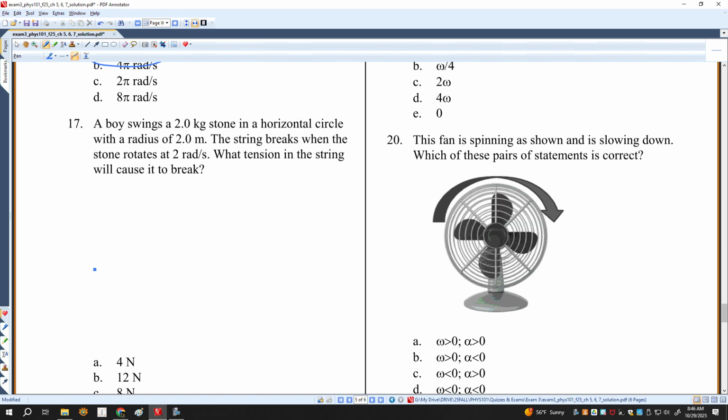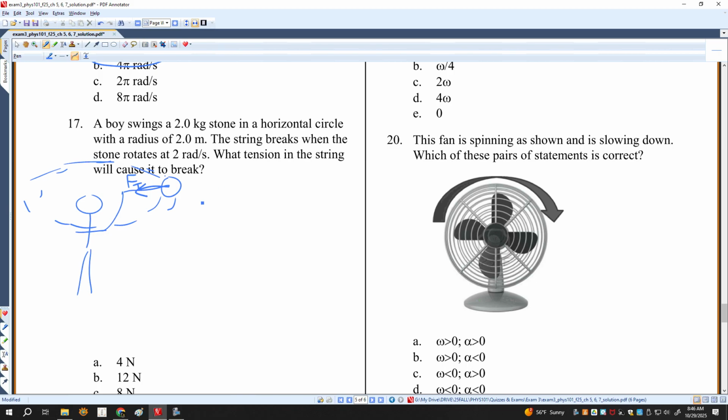All right, kids swinging a 2 kilogram stone in a horizontal circle. This is sort of like a free response, but it's easier because you don't have to consider multiple forces. I only have the tension in the string acting as a centripetal force. Previously, when it was vertical, the weight and the tension were acting as the centripetal forces.